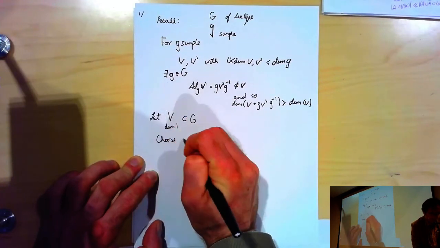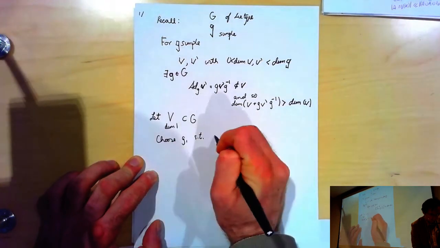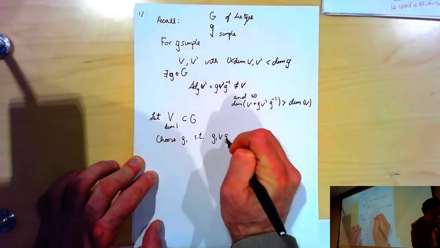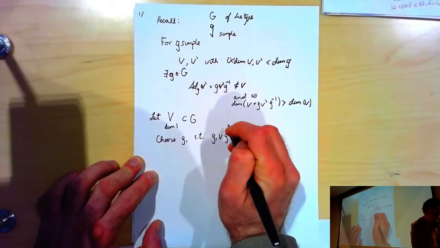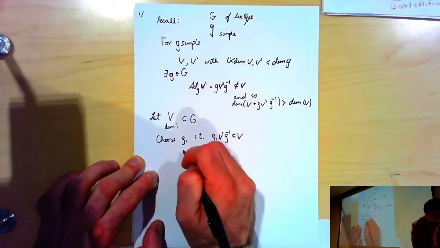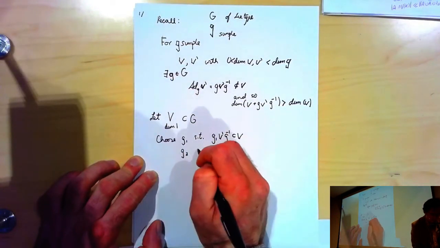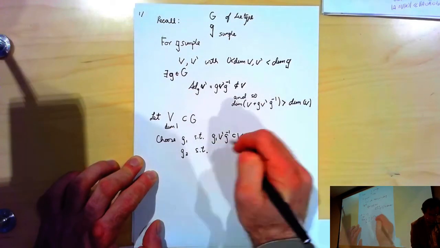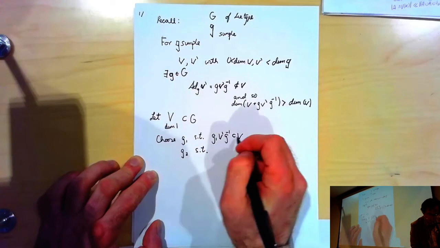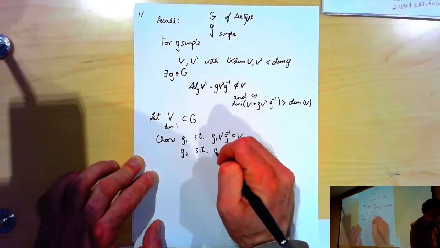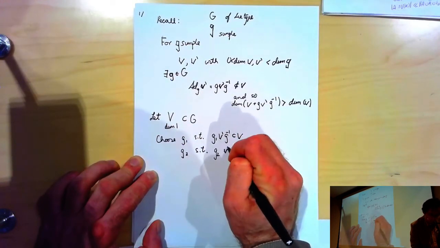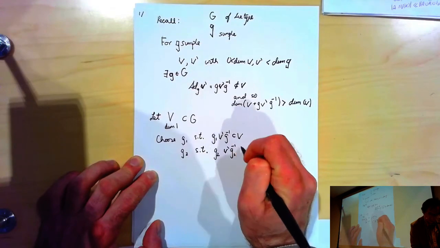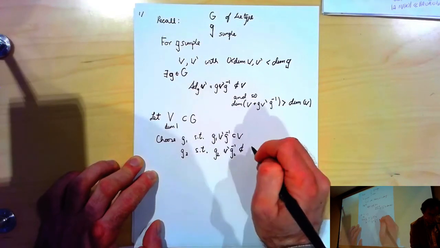We choose first g1 such that the conjugate here is not contained in V, I mean V prime here. And then we choose g2 such that the conjugate is not contained in the sum of these two.